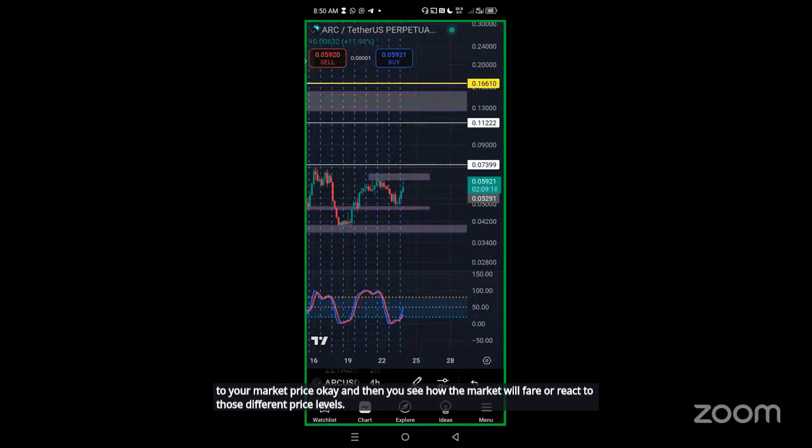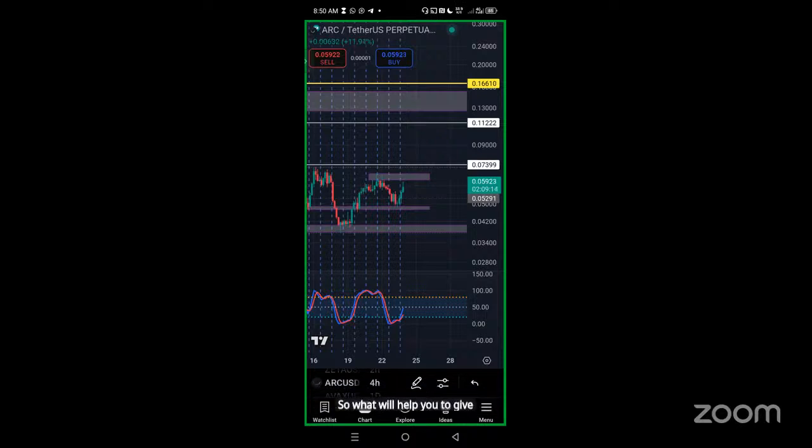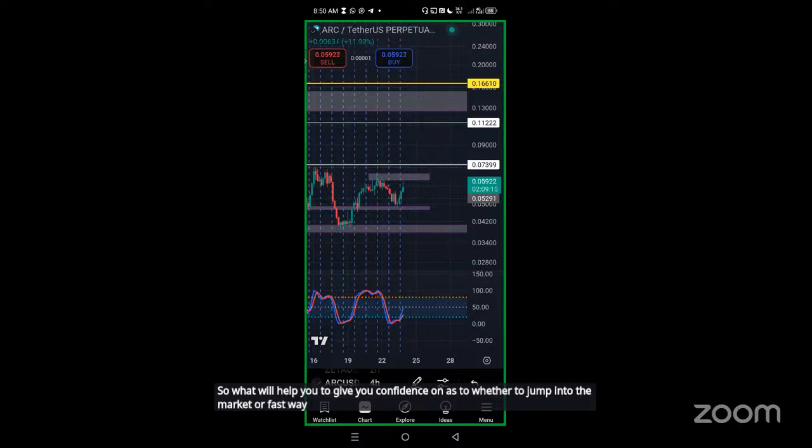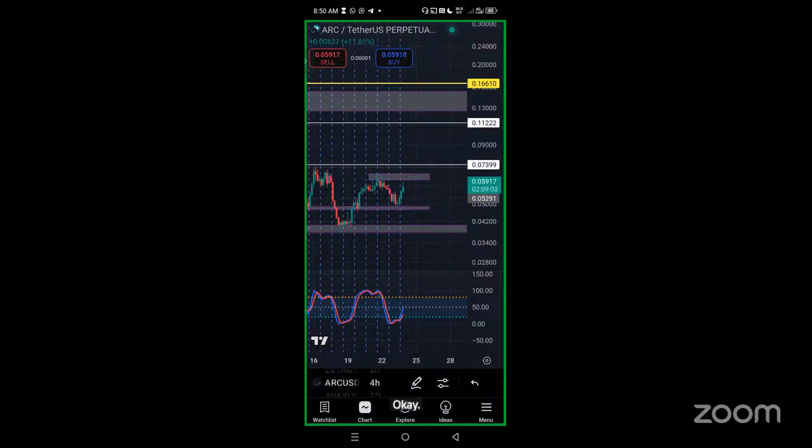What will give you confidence on whether to jump into the market or first wait will be when you add this indicator to find out at what position the market price is, whether in an oversold or overbought region, because you will be looking out for those opportunities where there's a crossover, especially the golden crossovers.